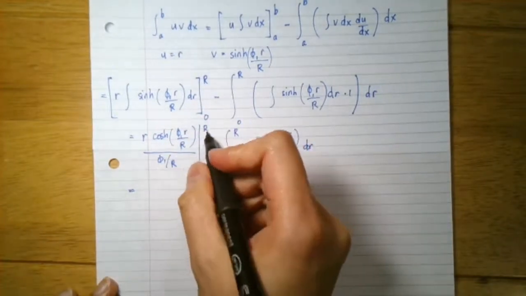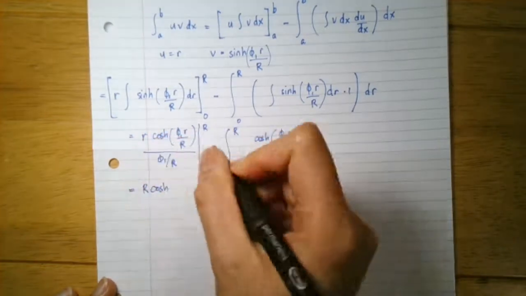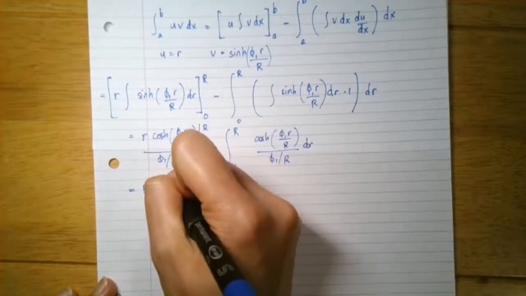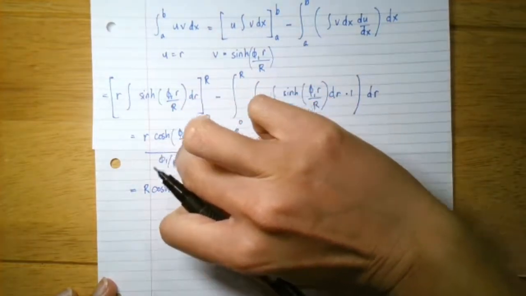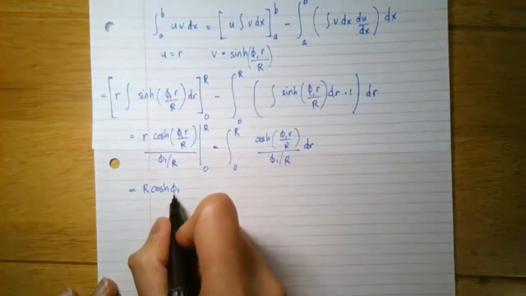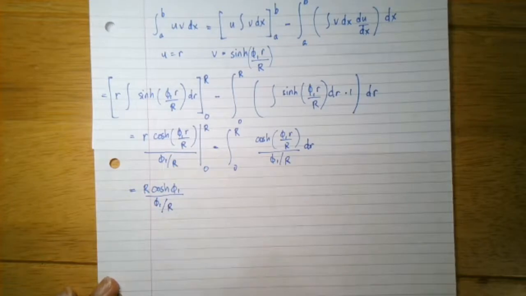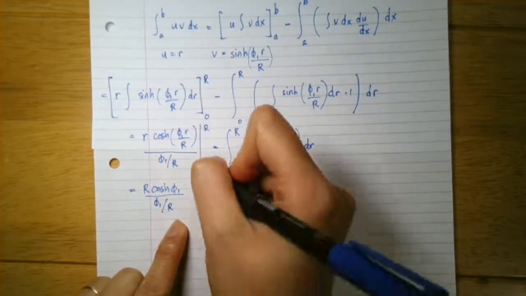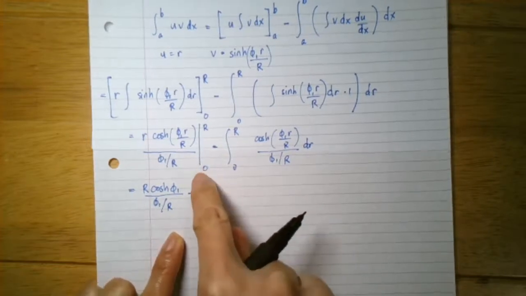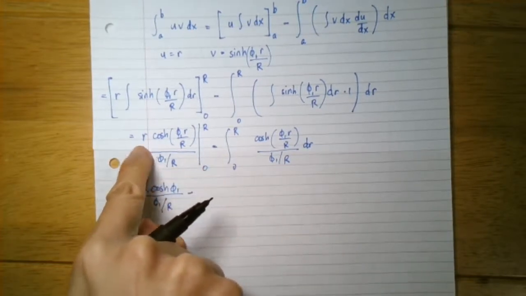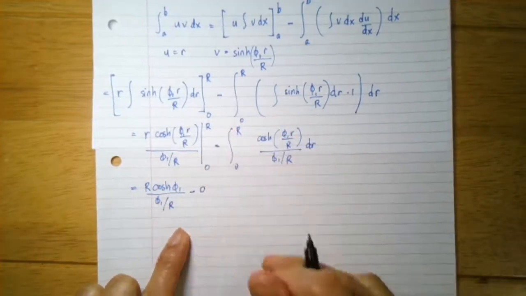Let's first do it for capital R. So we'll have R cosh(φ1), as this r here will become capital R and cancel out with this one here, so I'll just have φ1 here, divided by φ1 over R, minus the lower limit of integration, so 0. So r is 0, so that is only 0.